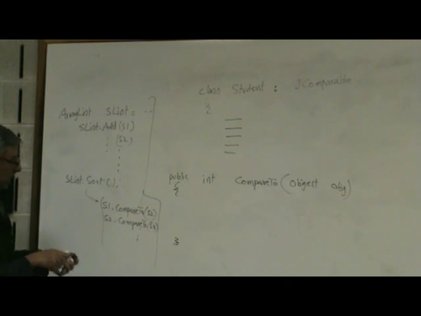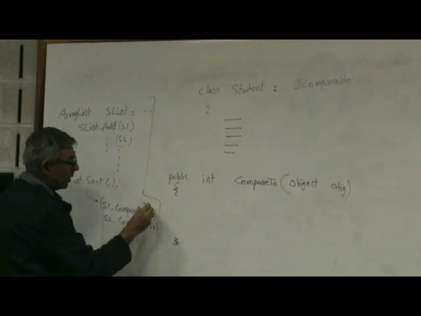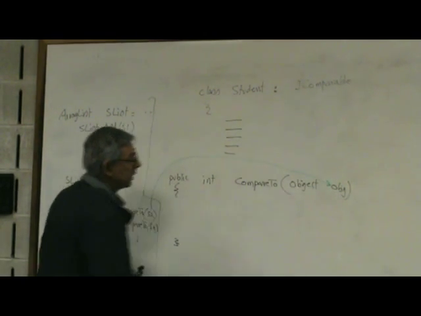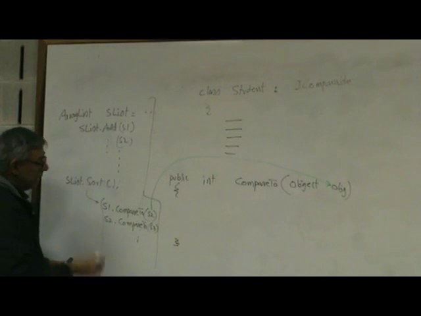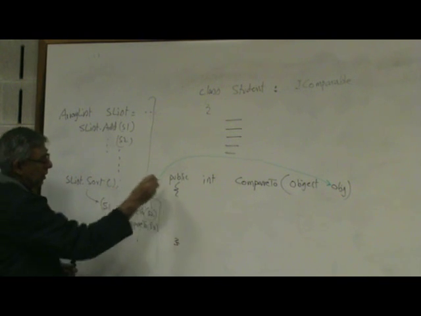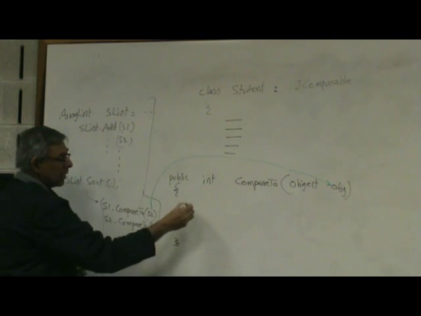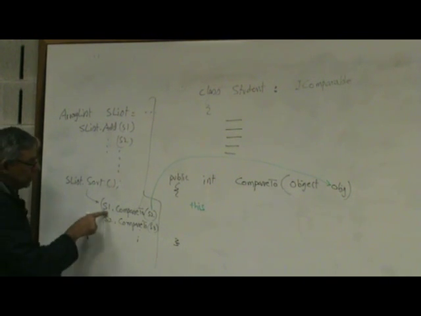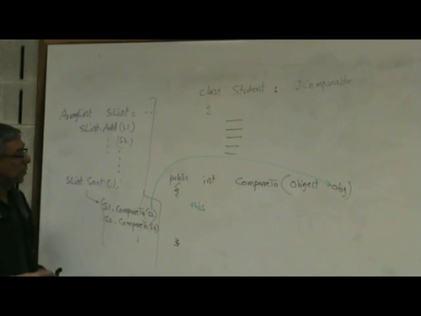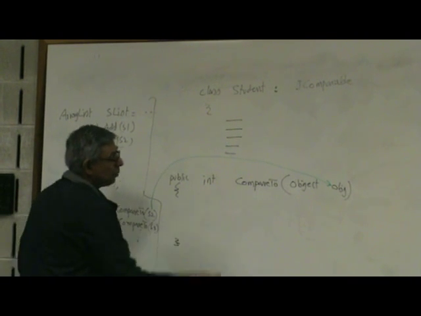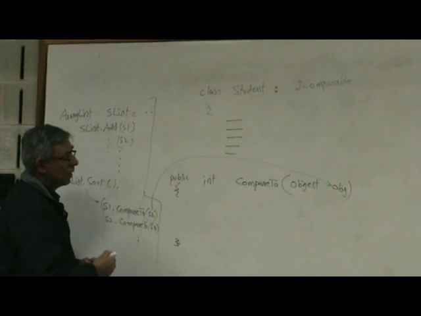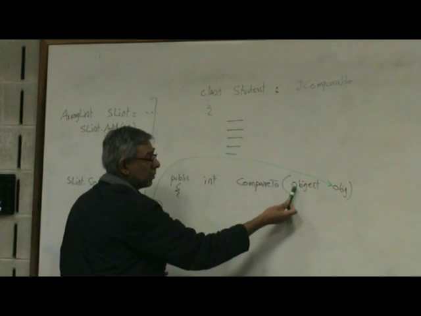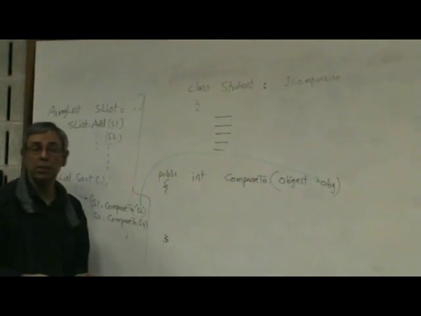So take a look over here. The S2 now is the object obj in this example, right? And S1 is what we are calling it through, so if we use the this keyword over here, what will it refer to? S1, right? The way we had written this code, if you recall, first thing we need is to verify, is this a student?